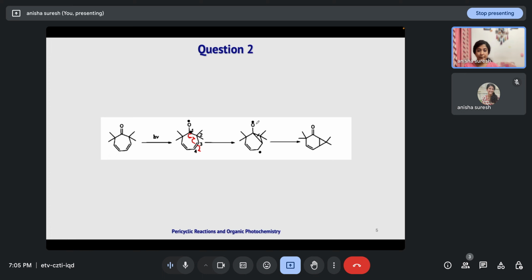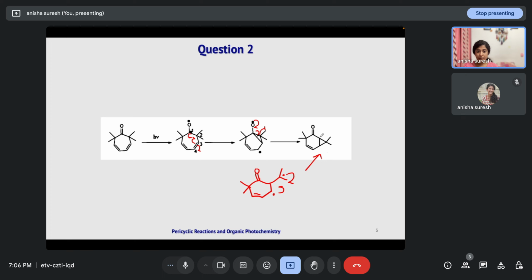Then what will happen? Here there will be formation of a tertiary radical, like this. Then that will undergo recombination, leading to formation of a cyclopropane, like this.